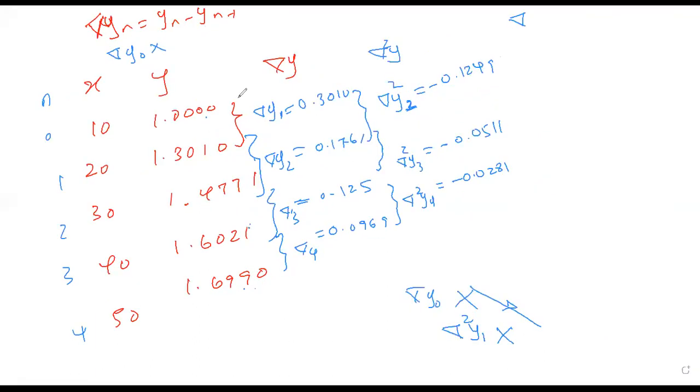So similar way, we are leaving some. So nabla cube y2 may be gone, isn't it? So here nabla cube, this one y3. Okay. This one nabla cube y4. Okay. So can you find the answer?